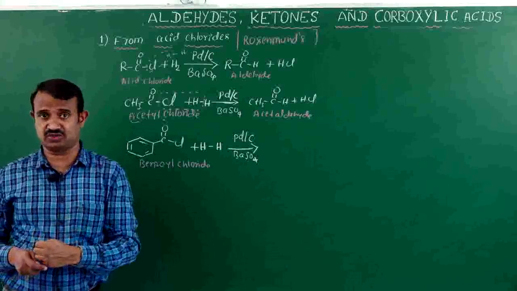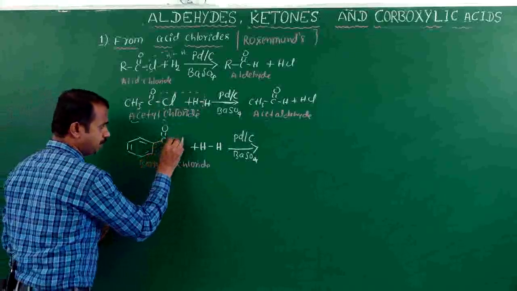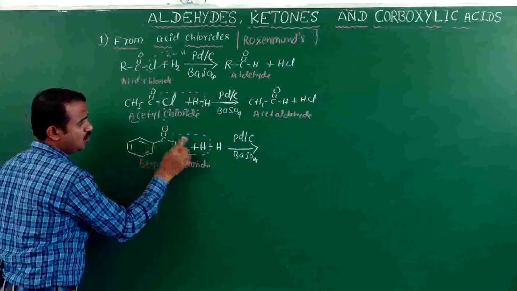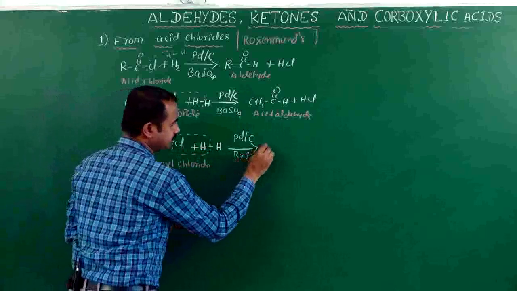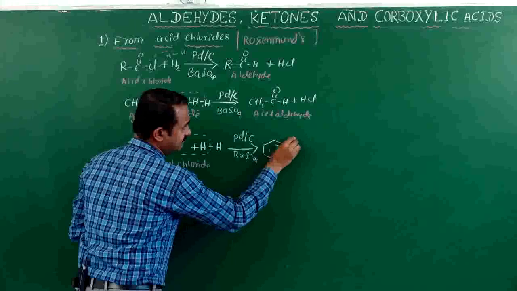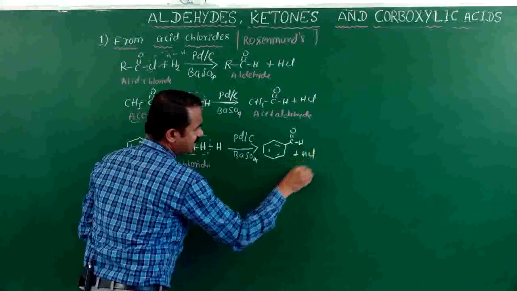They will ask a 3 marks question. Okay, this is very, very important. Here, what is the product it will form? Hydrochloric acid and C6H5CHO. C6H5CHO plus HCl.